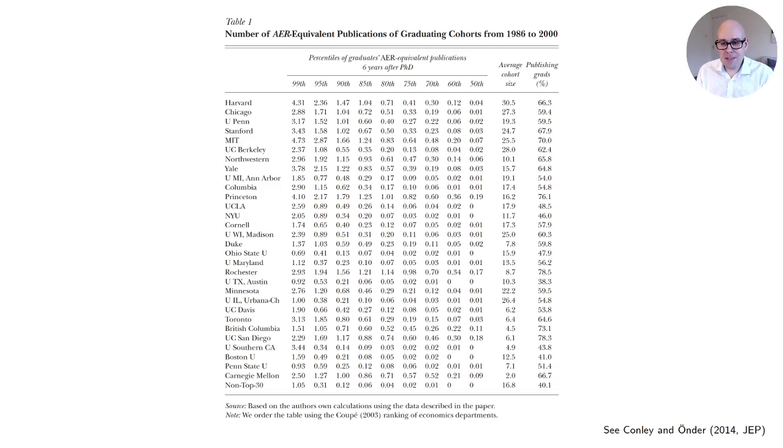So what's interesting there is this table here that I've taken from a paper by Conley and Önder in 2014 in the Journal of Economic Perspectives. And what this shows you is how many publications PhD graduates have 6 years after the PhD. Okay, so let me zoom in here.